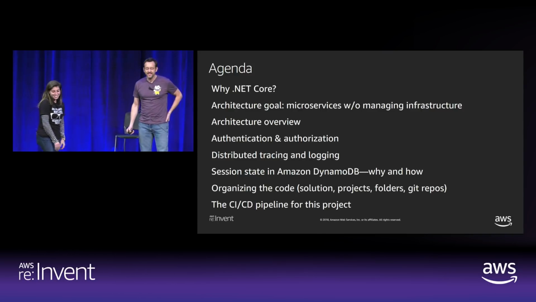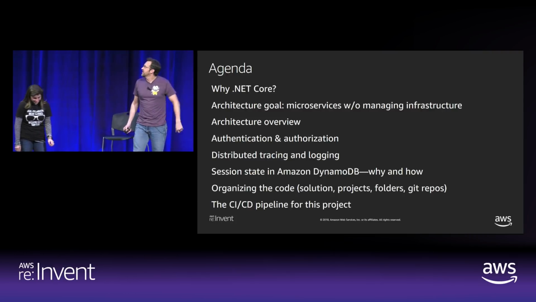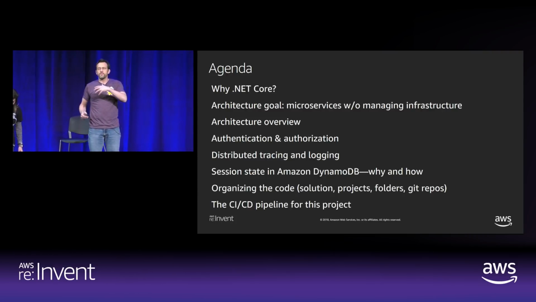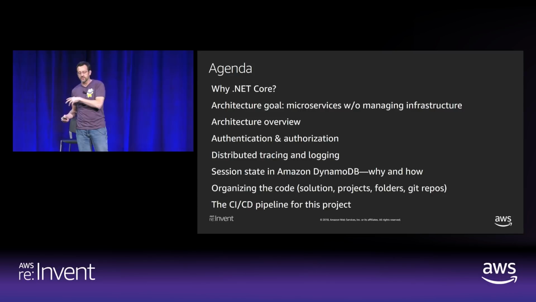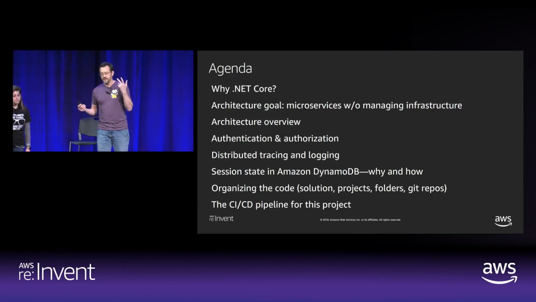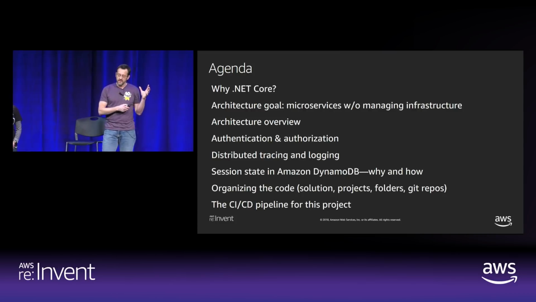Just a couple. So the agenda for today's session is we're going to go really quick through a sample application we created using a .NET Core microservices architecture, and why we chose .NET Core. Probably that's obvious, but it could be .NET Framework, I guess.